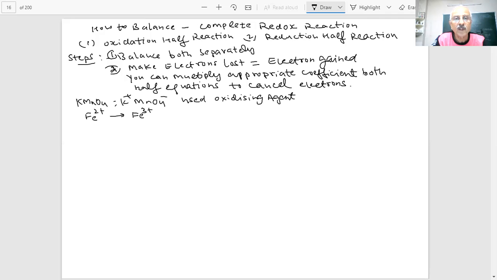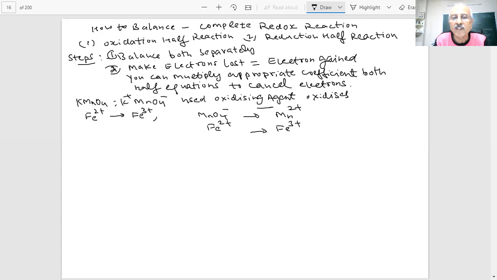The oxidizing agent oxidizes ferrous to ferric. And when MnO4 minus is reduced, MnO4 minus goes to Mn2 plus, and ferrous goes to Fe3 plus.